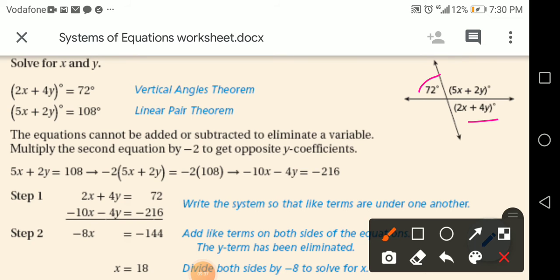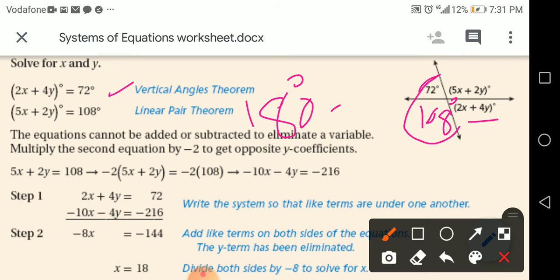So write it down: 2x plus 4y equals 72, vertical angles theorem. And I also have 5x plus 2y equals 108. From where did you get this 108? I said we have a linear pair also: 180 minus 72 degrees gives me 108.